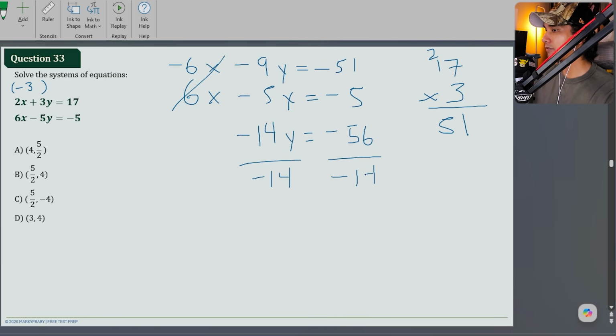Divide by negative 14, and this is going to give us, what is it, I think it's 14 times 4, and that's going to give us 56. Yes, so y is equal to 4. Okay, now we're going to plug this 4 into any one of these equations.